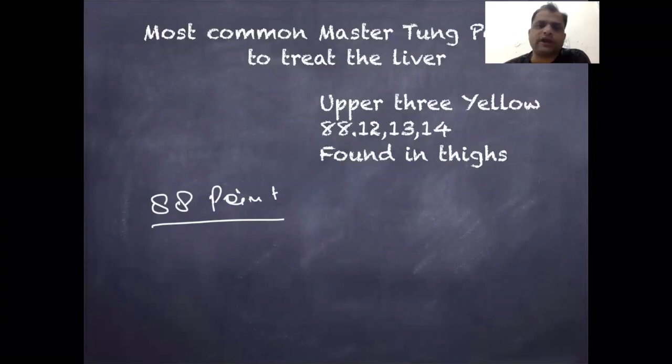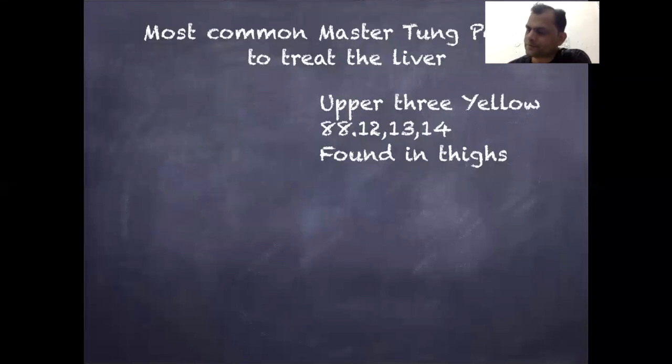So if there is 88, it means points available in the thighs. The upper three yellows points are available in the thigh, and points number 12, 13, 14, these 3 point unit, work very nicely for this problem.